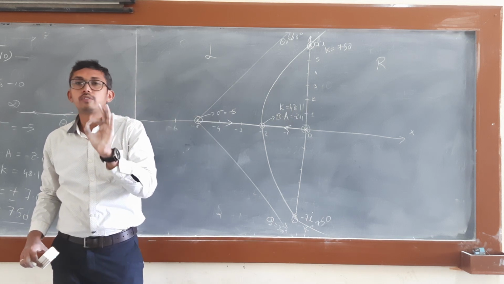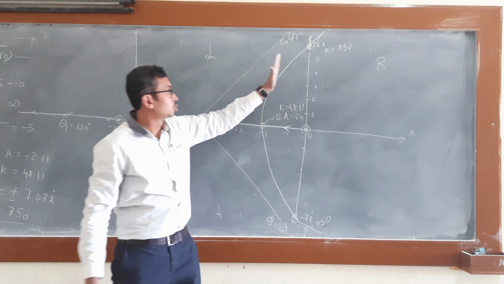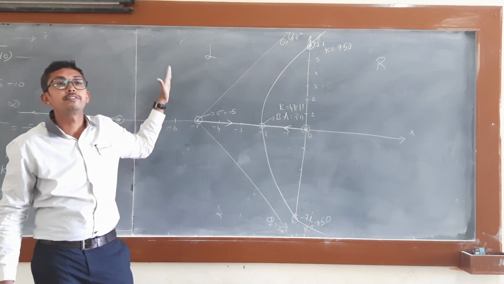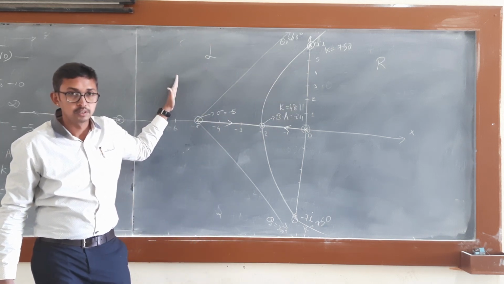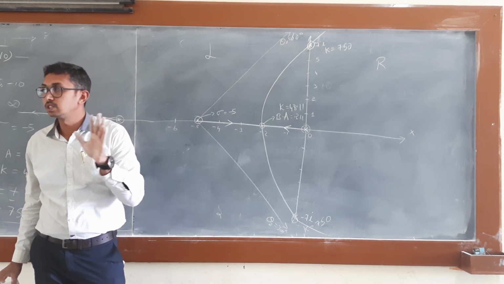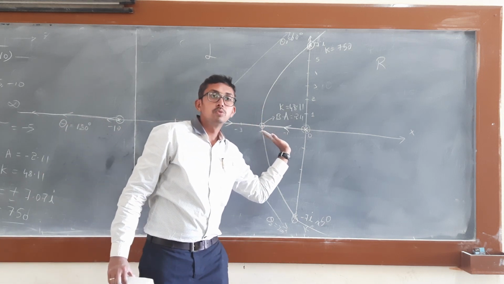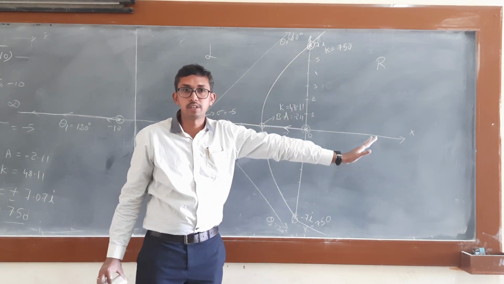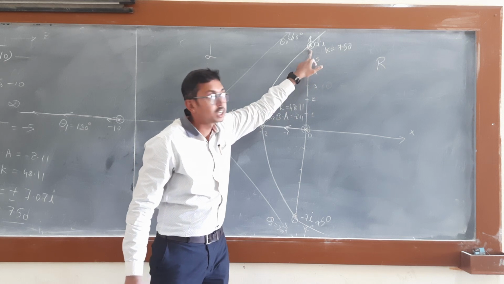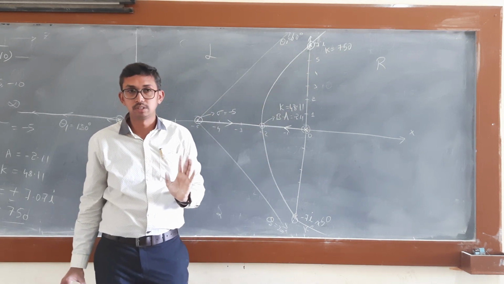For the values of k between 0 and 750, the root locus is lying to the left of the S-plane. When the root locus is in the left of the S-plane, we call it stable. When the k value is equal to 750, it is marginally stable, that means it is on the imaginary axis.